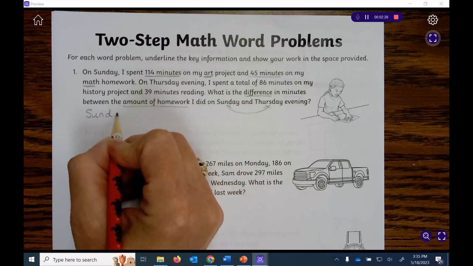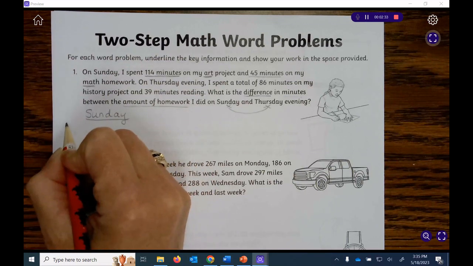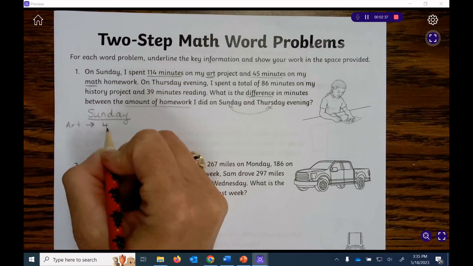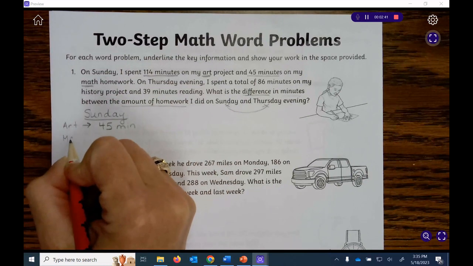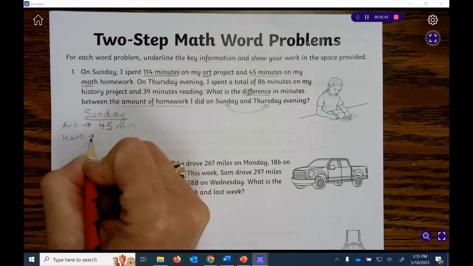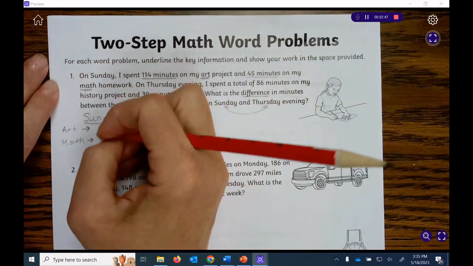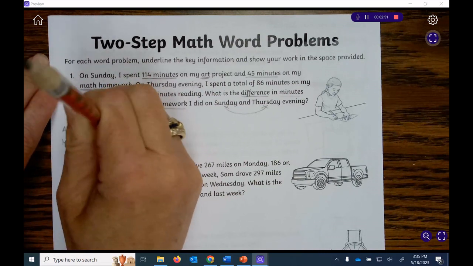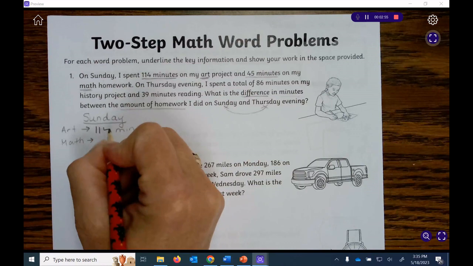Sunday, we have art, and that took 114 minutes. And math, that took 45 minutes. Oh, I apologize, I did not write that correctly.